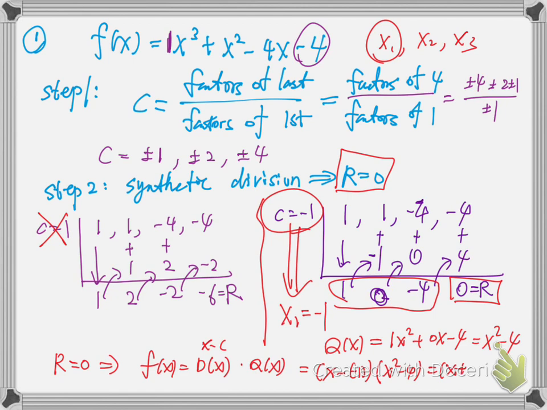So f of x is x plus 1 times x squared minus 4. So we can also factor f of x using step 2, using remainder 0 for synthetic division. Now let's continue to find x2, x3. I'm going to talk about 3 methods to solve x2, x3.